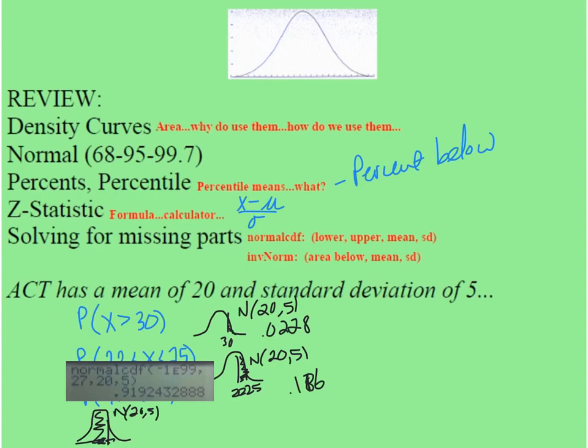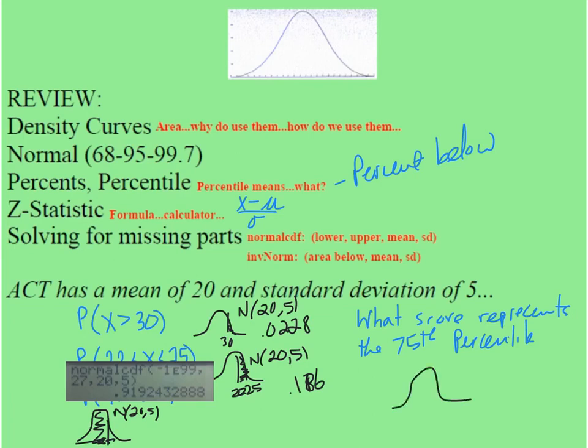All right, so now let's do one other kind of question. Oftentimes you might get the question of what score represents the 75th percentile. Okay, so let's draw that picture.